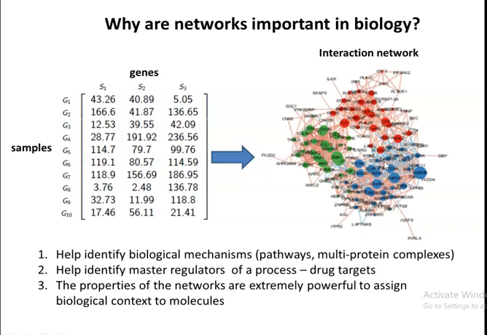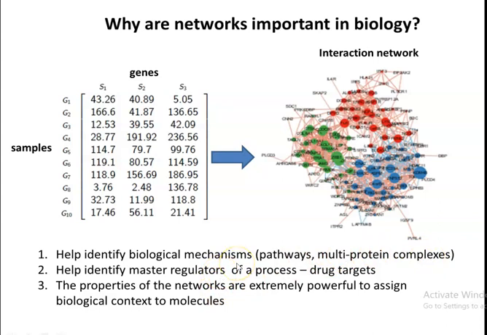And what kind of specific questions can building interaction networks starting from gene expression data address? So we can identify new biological mechanisms that, for example, we cannot identify if we look at individual components alone of this network, such as new pathways or new multi-protein complexes.